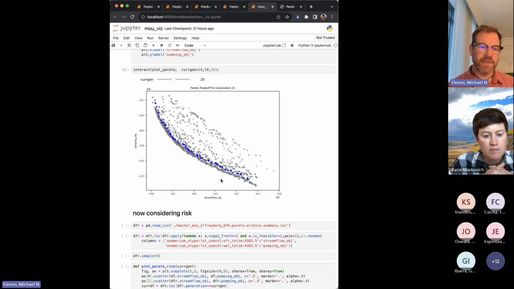The idea is that it's constructed in such a way that it's optimal to lower the number. So getting a smaller objective function for pumping and a smaller objective function for stream flow are both desirable conditions. Ideally you'd find they'd both be as negative as possible, like some really small value.